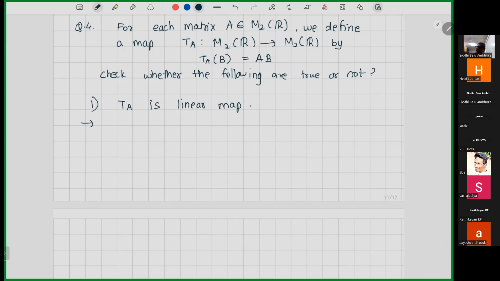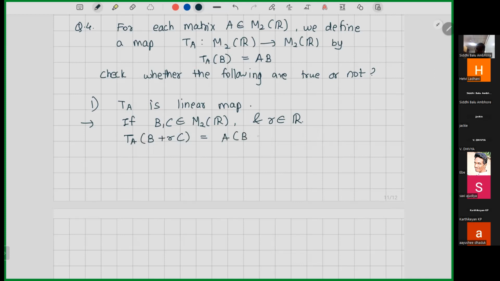So let us start. Let B and C be in M2R, and let R be a scalar, and we have to check whether TA of B plus RC is what?